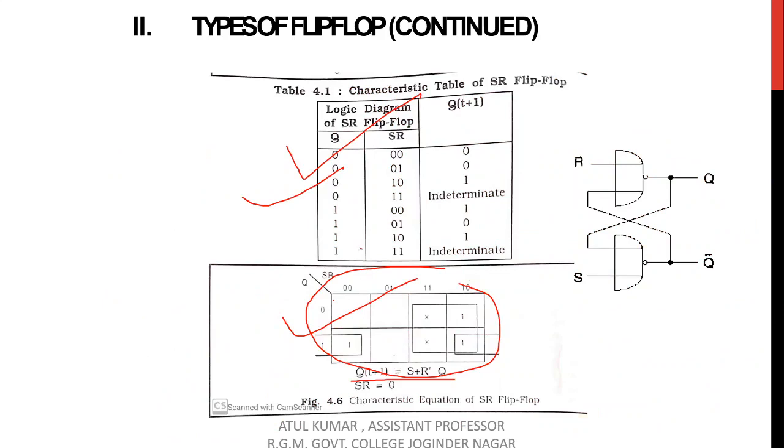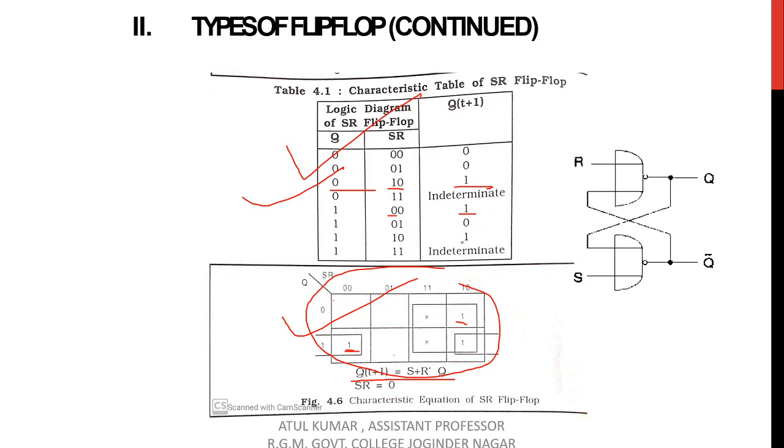For the state where S is equal to 1 and R is equal to 0, the output is 1, so for 1 and 0 we write 1 here. For the next case where the output is 1, both S and R are 0, so we write 1 in this column.